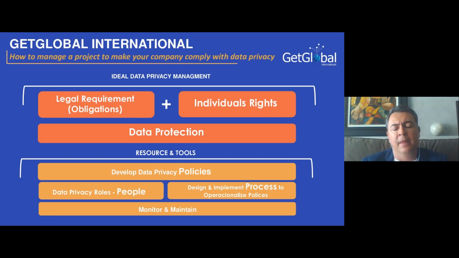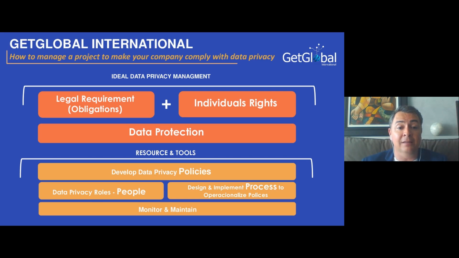And definitely the size of the company will also bring more challenges, because with a big corporation it will be more difficult to implement any kind of data privacy management program. So these two things will define how easy or how difficult it's going to be to implement a data privacy management program.